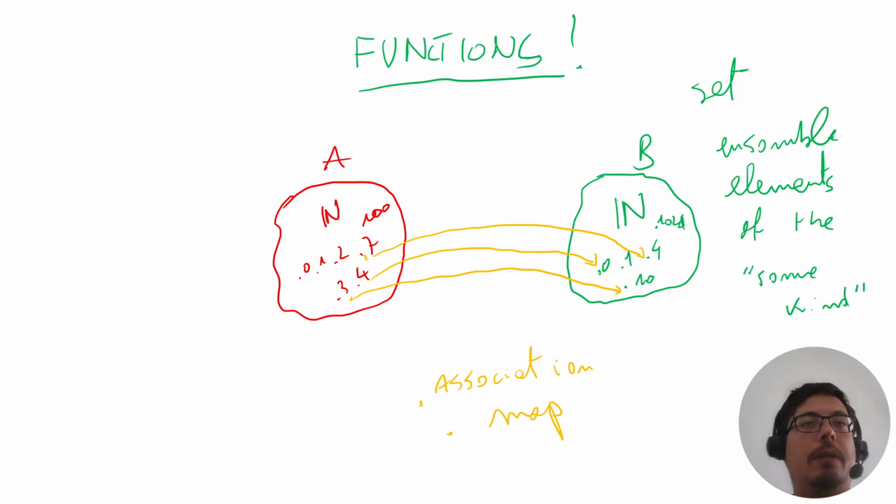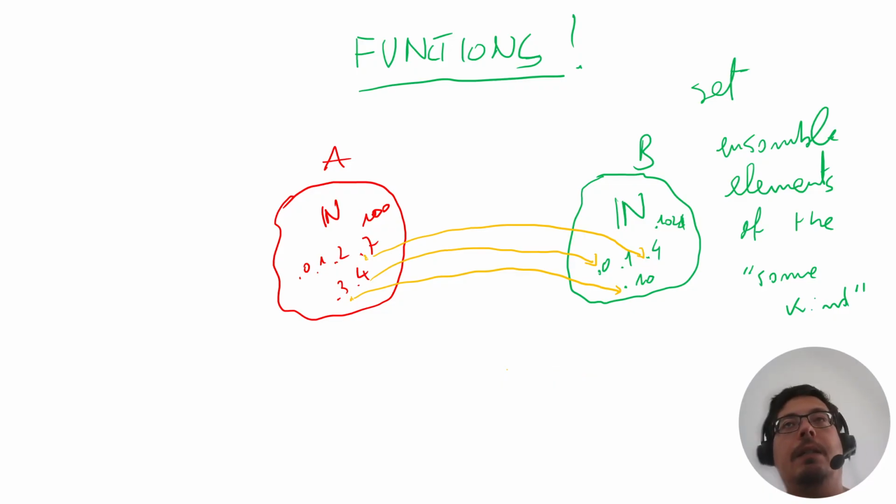Ideally, we want to exhaust the elements of the set into the other set. And when we do this, we are actually inventing a function f. F is the association. It's a dictionary, let's say, that says whatever number is on the left side, the A side, goes into the corresponding element of the B side.